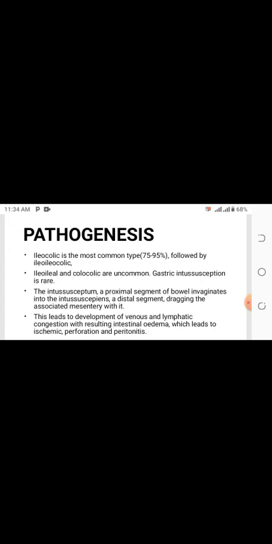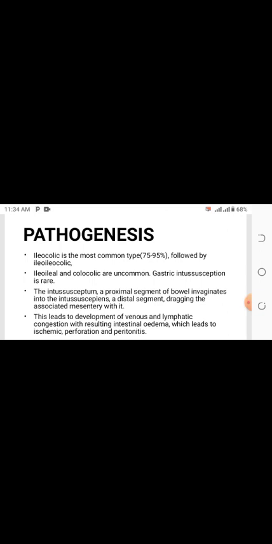Also, we have gastric intussusception, which is extremely rare. The intussusceptum is the proximal segment of the bowel which invaginates into the intussuscipiens, which is the distal segment, dragging the associated mesentery with it.